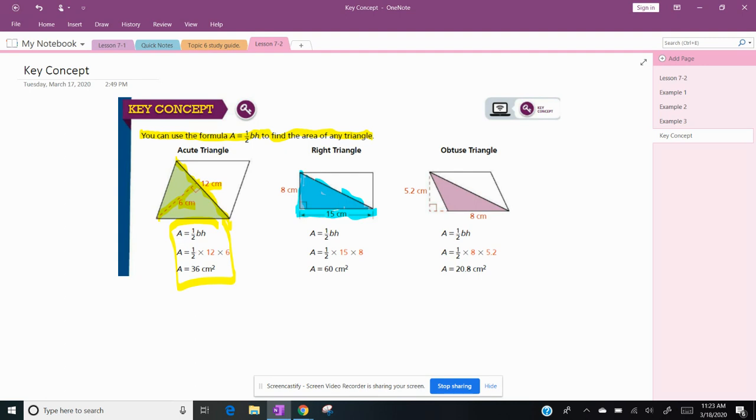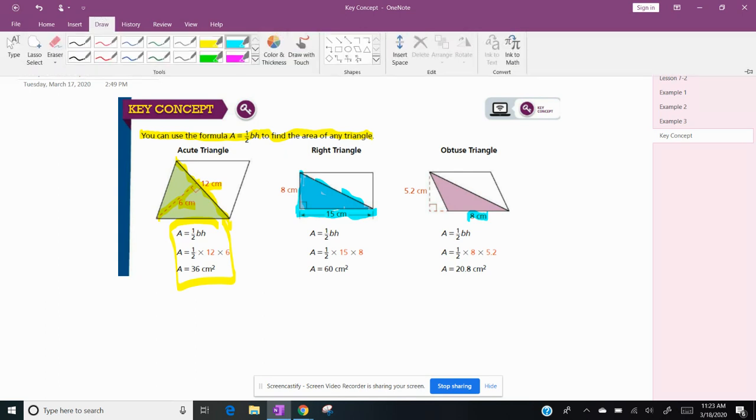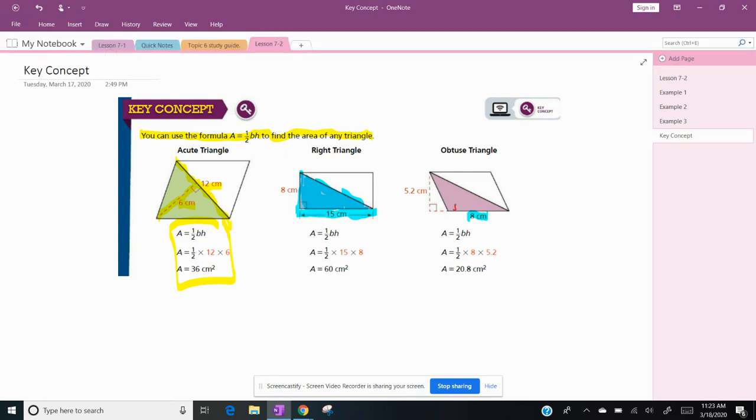Last one, this obtuse triangle over here, I see a base of 8 centimeters, but if I look at it closely, this does not form a 90-degree angle going right there, so I need to erase that. So to find the height of this, they went to the outside and then up to the very top of it to find that height. There's that 90-degree angle, so the height would be 5 2/10 centimeters. Again, area equals 1/2 base times height.